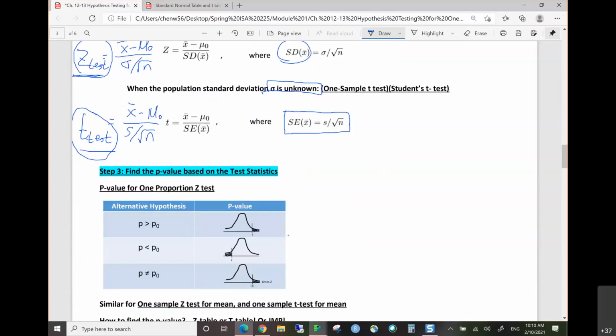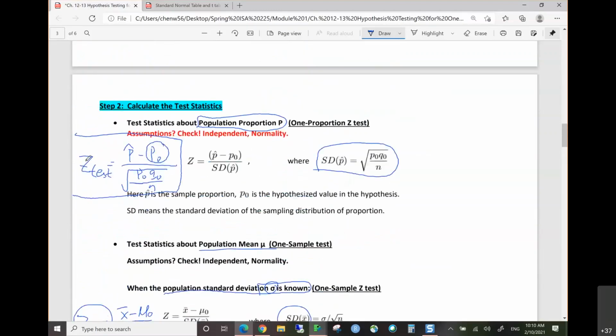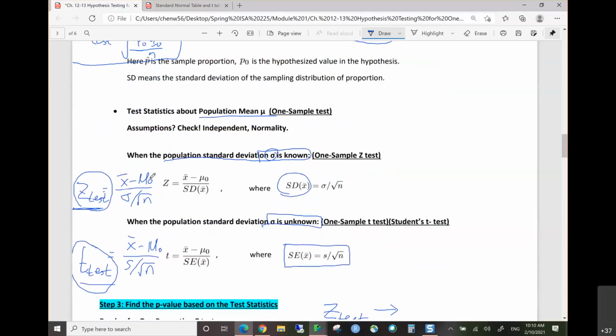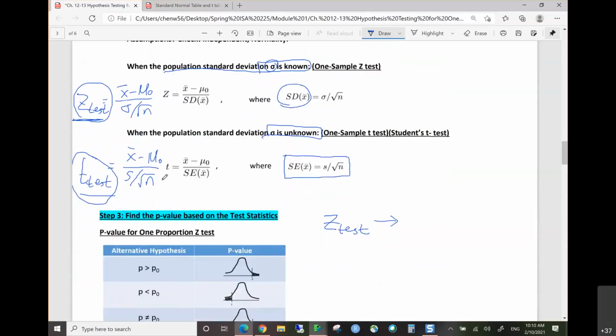So if you have the z-test statistic, either from this formula or this formula, you need to go to the z-table, or we call it the standard normal table, right? In the other case, when sigma is unknown, if you have the t-test statistic, that means you need to go to the t-table to find the p-value, right?